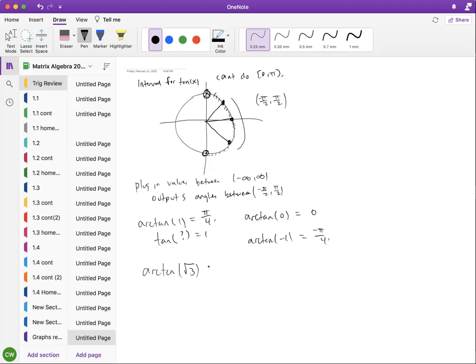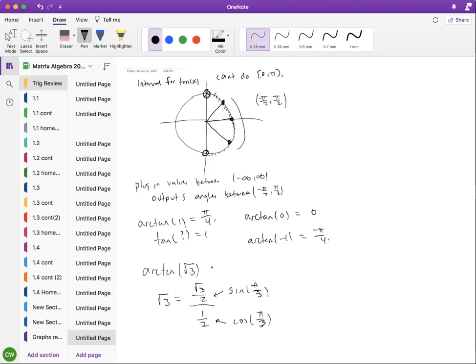You can do other ones like that, like arctan of radical 3. Why is that? Because radical 3 is equal to radical 3 over 2 divided by 1/2. We know that sine of pi over 3 is radical 3 over 2, and cosine of pi over 3 is 1/2.